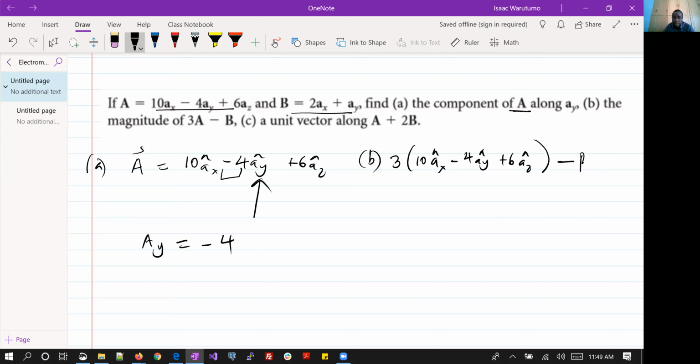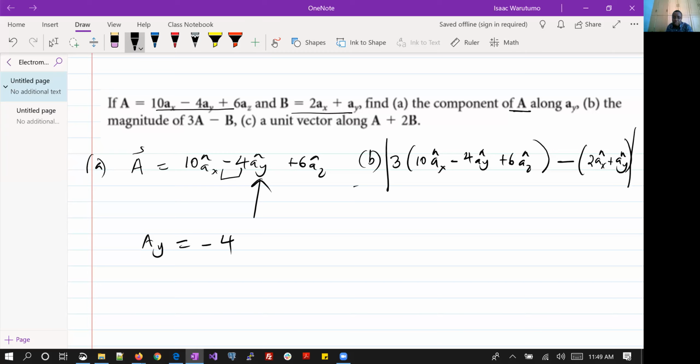Oh, sorry, I think I should write B is equal to 2AX plus AY, and the component of AZ is equal to 0. And of course, if you ask for the magnitude, that means you do this.